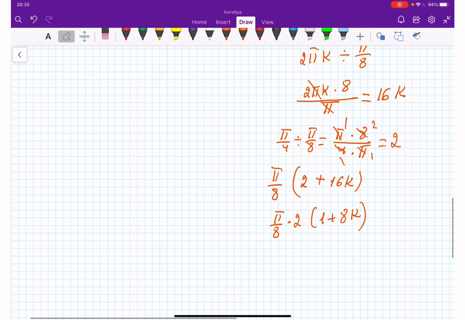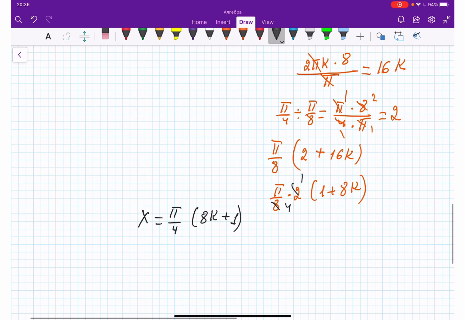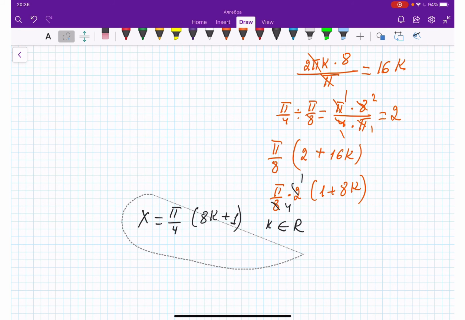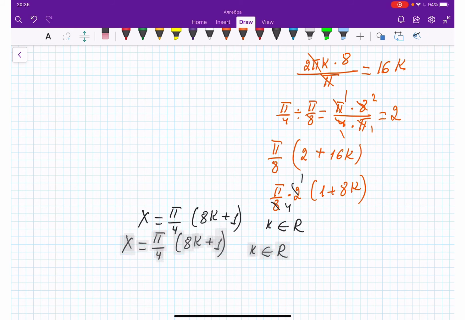And from here, I can write down that x is equal, this is 1, this is 4, and we have x is equal pi over 4, 8k plus 1. Okay? Where k is all real numbers, that is k belongs to real numbers. And this is going to be our answer.